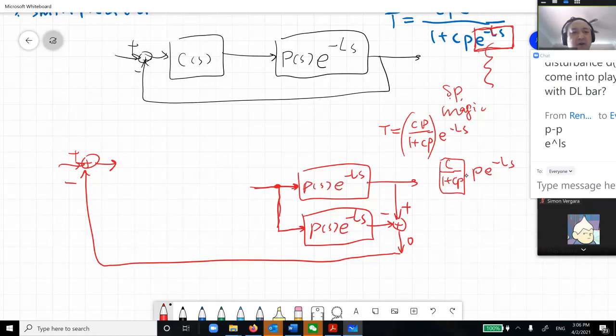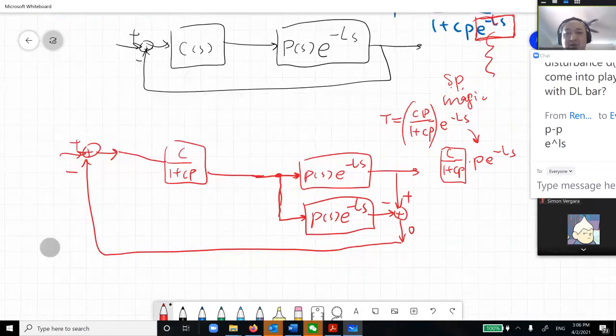So in fact, everything I should put here is C over 1 plus Cp, right? Is that right? I should put something in here, right?